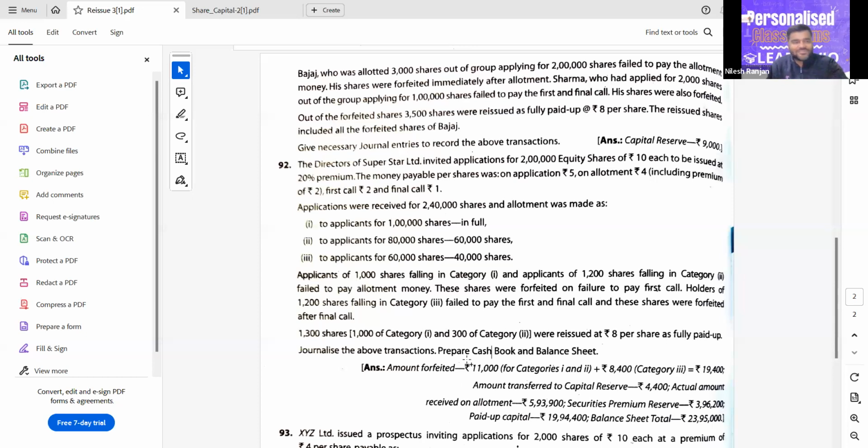Ritika? The 2 lakh, sir. Yes, we have issued 2 lakh shares and we have received applications for 240,000. So only 2 lakh will be used for calculation.